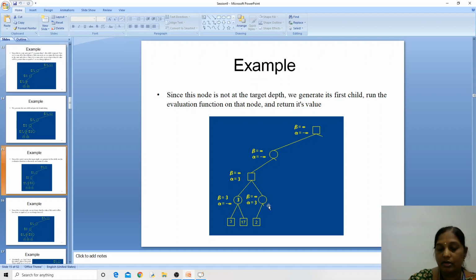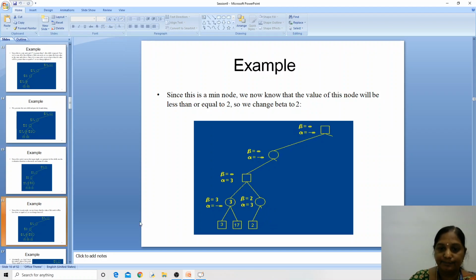So no need to explore the rest of the part. I am just pruning. I know this value should always be greater than or equal to 3, but here we found less than or equal to 2, so the rest of the tree is less than or equal to 2, and I pruned it.